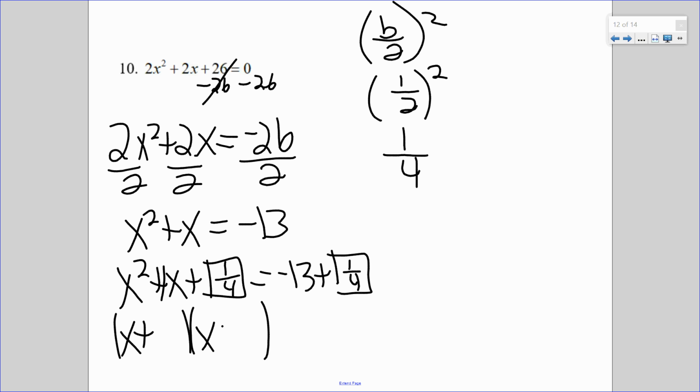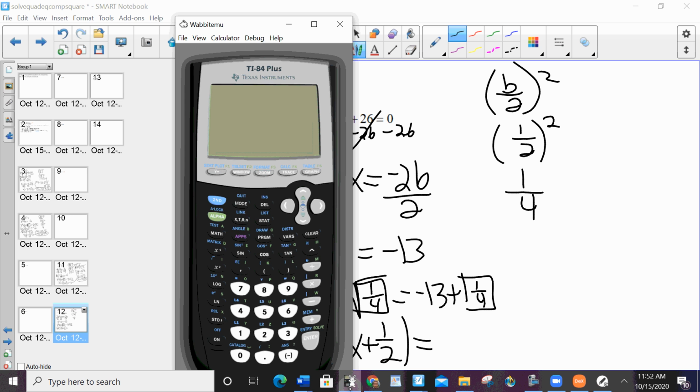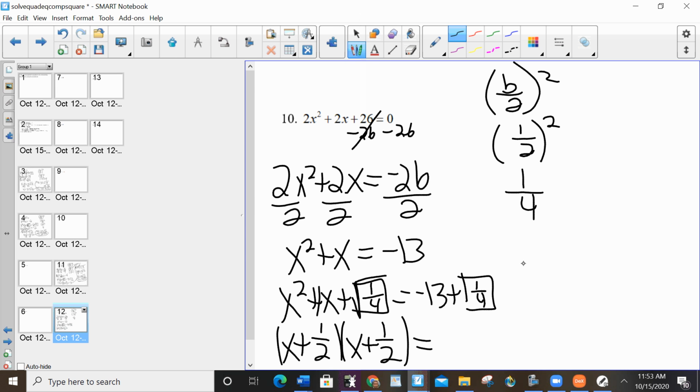That's a little tricky, but it's really not bad because, again, I can just take the square root of that, and the square root of 1/4 is 1/2. Now, my right-hand side, you would need to add those. You'd have to find a common denominator, all that good stuff. However, you could also just type it into the calculator and cheat a little bit. Negative 13 plus 1/4 is negative 51 over 4.